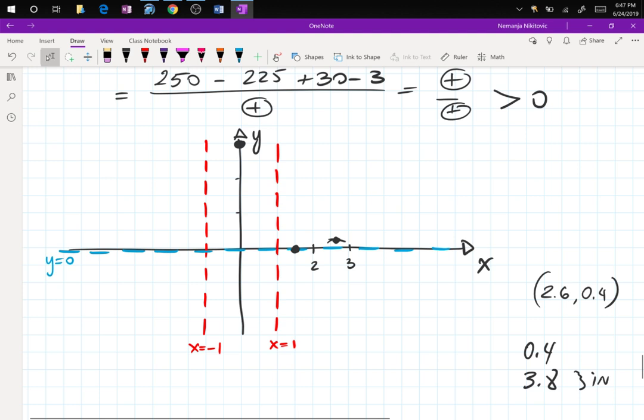Second entry of 0.4, 2.6. So 0.4 and 2.6.